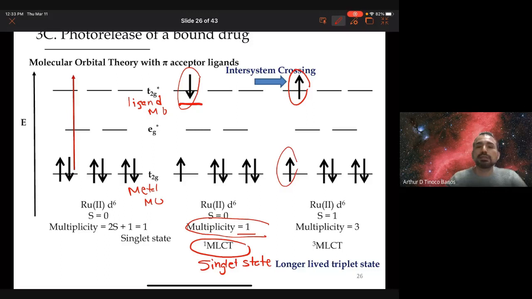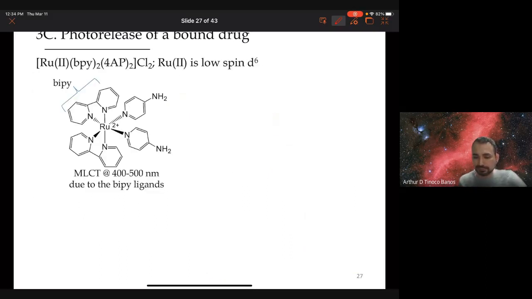This would be a spin equal to 1. Okay? And so now we will have a different multiplicity. We will have a multiplicity of 3. Still, we have a metal to ligand charge transfer, but now your multiplicity is 3. So you have what is known as a triplet state. And this triplet state is actually longer lived. All right? So this is an important feature that we're going to look at.